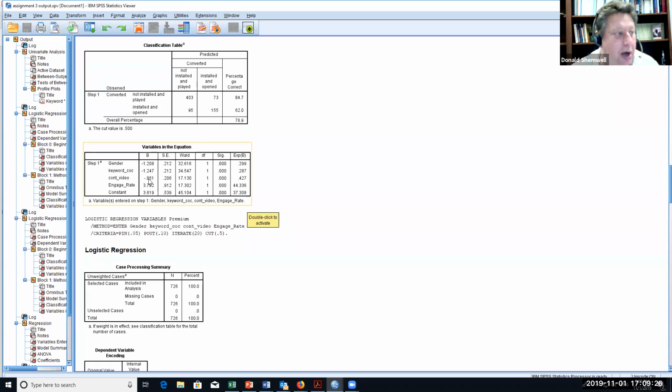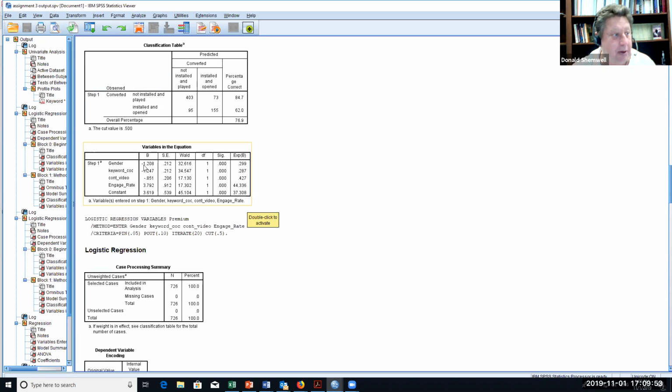Now, in order to understand what these 3 variables mean, we have to remember how we did the coding. So we coded males as 1 and females as 2. It's an arbitrary thing. We just as easily could have said females are 1, males are 2. And then all of this would have been exactly the same, except that beta coefficient would now be positive.